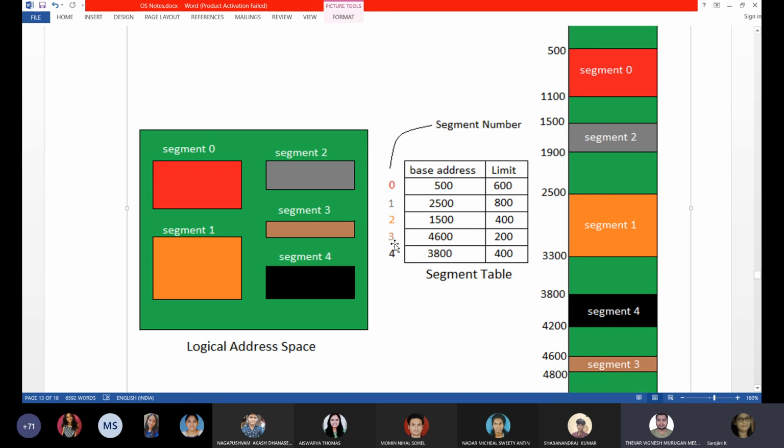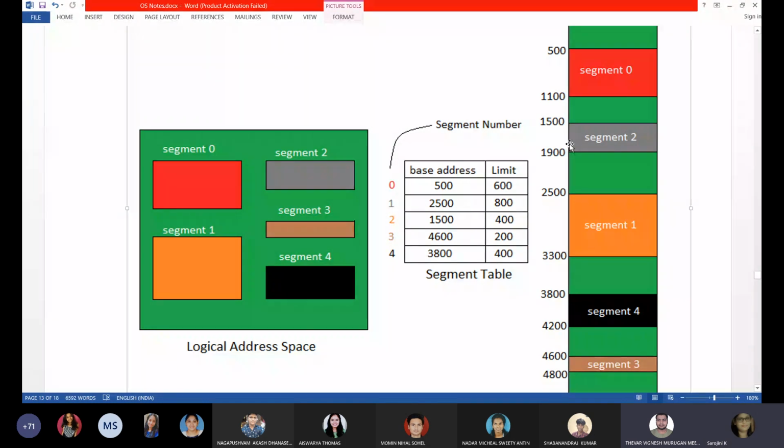Inside the segment table, you will find the base address of that segment. For example, the starting address of segment 0 is 500.